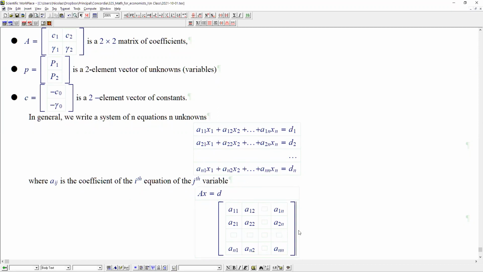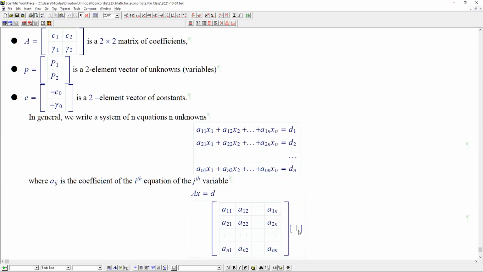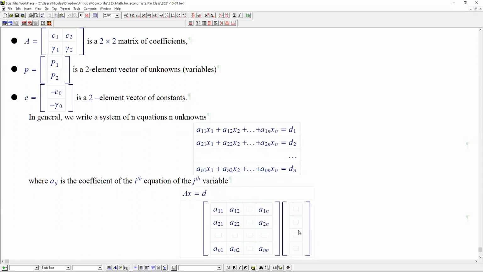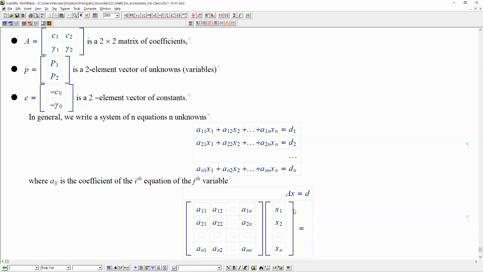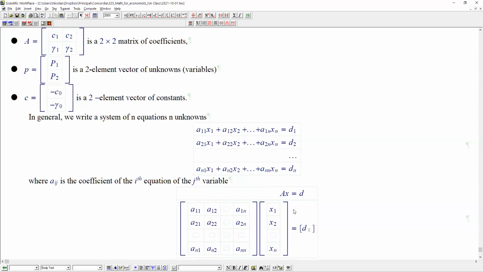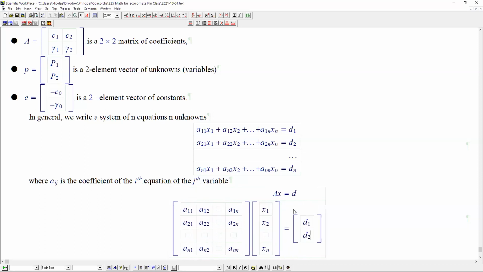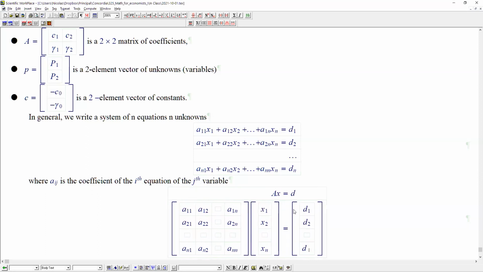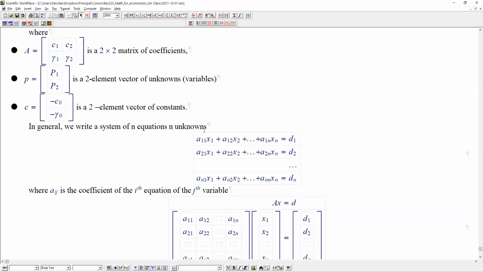Then X1, X2 to Xn, and equal to D1, D2 to Dn. Right.